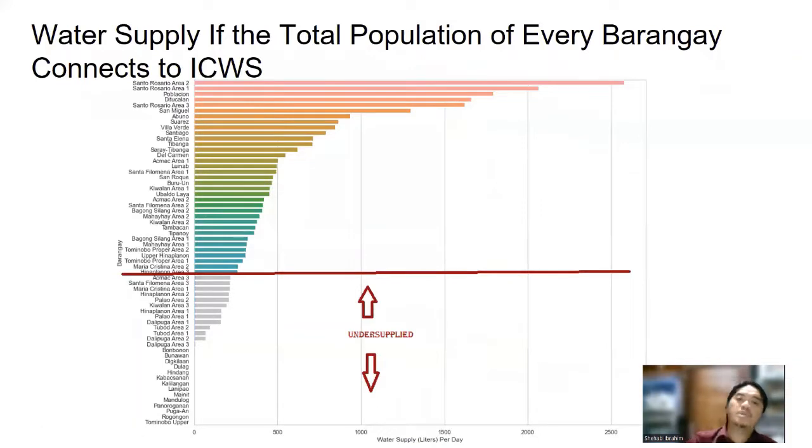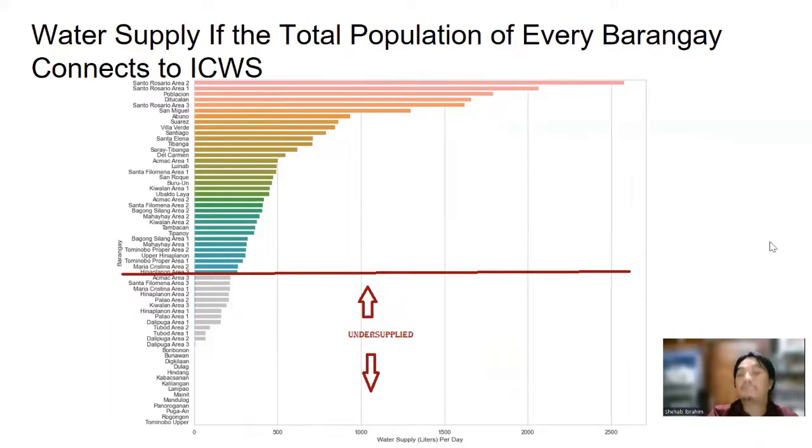Now, what if we account for the total population of every barangay? What if the total population of every barangay connects to the ICWS? Well, obviously, it will produce more undersupplied barangay areas.